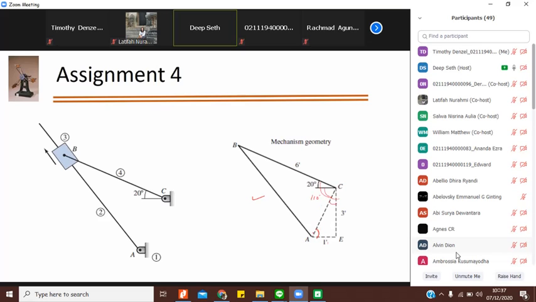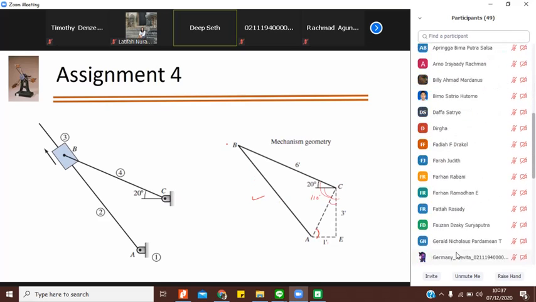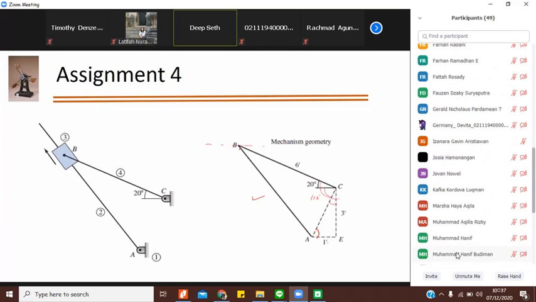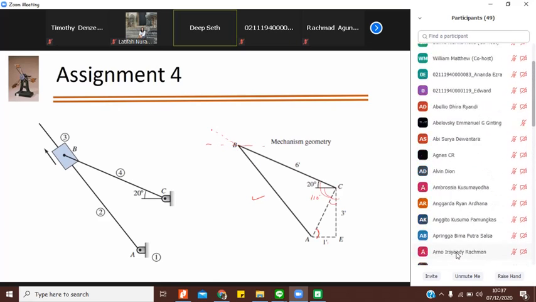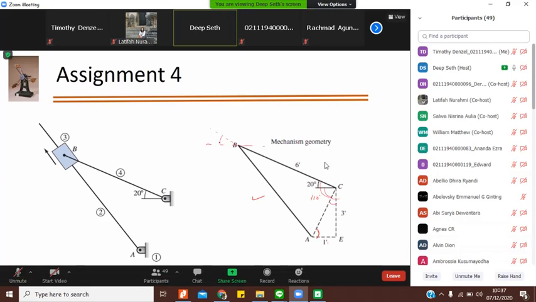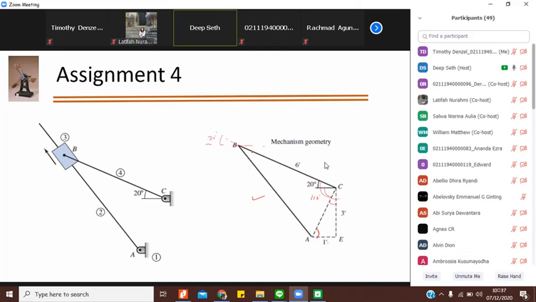Similarly, if you know this angle, and as it has already been given, you can find this angle just by solving the geometry. You can find this angle, and you can also find this angle.